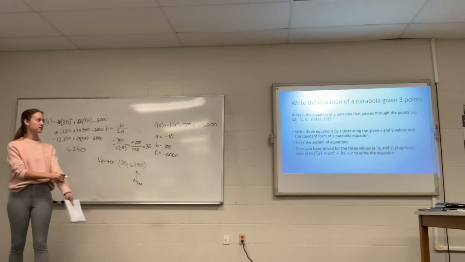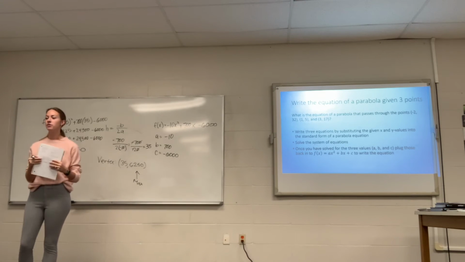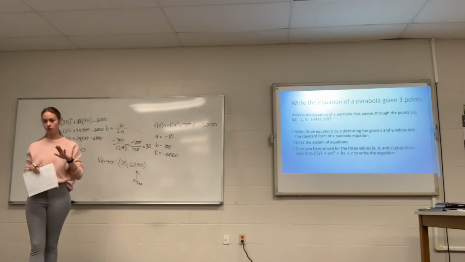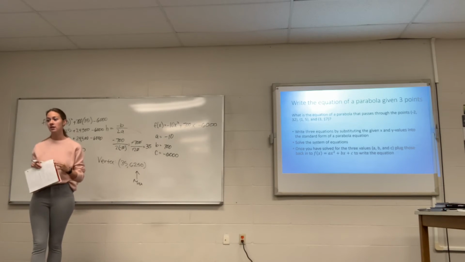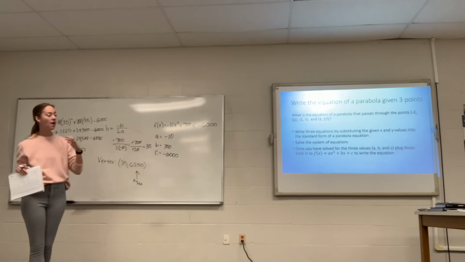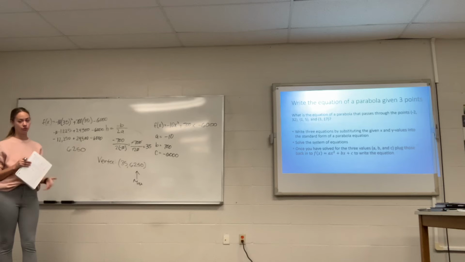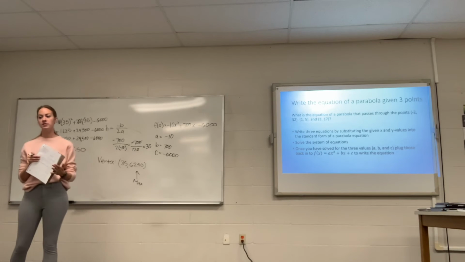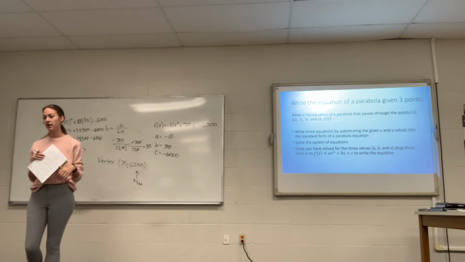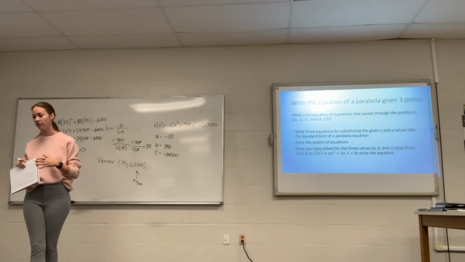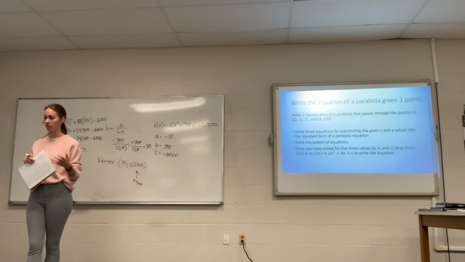This is kind of different than what we were doing. This one says, write the equation of a parabola given 3 points. So I start with 3 points that are on my parabola, and I'm trying to write the equation for that. What I need to do is write 3 equations by substituting the x and y values into the standard form of the parabola.